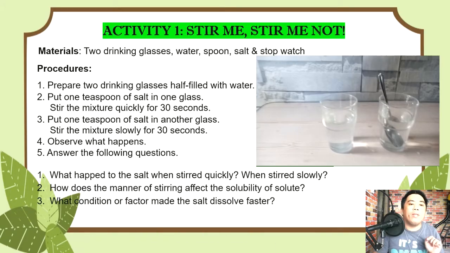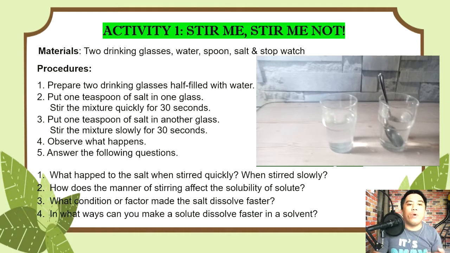Okay. Number 3, what condition or factor made the salt dissolve faster? So sa palagay ninyo, ano kaya ang factor, ano kaya yung bagay na nakaapekto doon kung bakit yung salt particles dito sa glass A ay mas mabilis na natunaw.